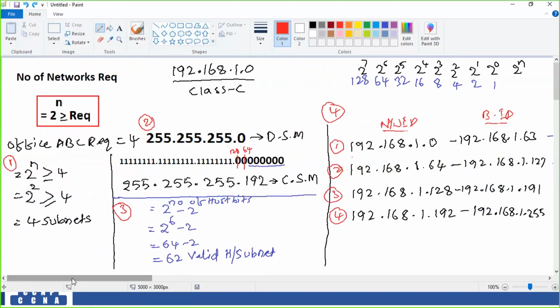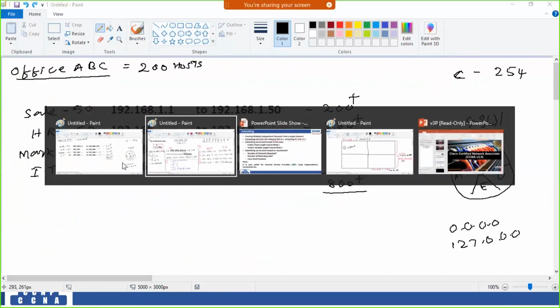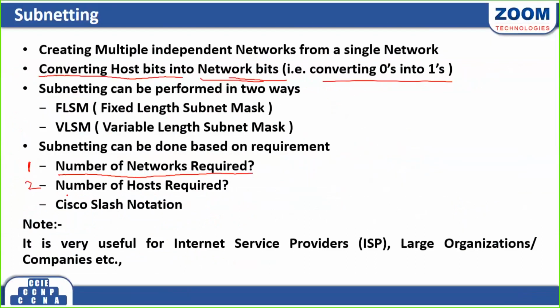Is it clear to everyone? Okay. So this is one example for number of networks. We'll take one more example for number of host requirement.